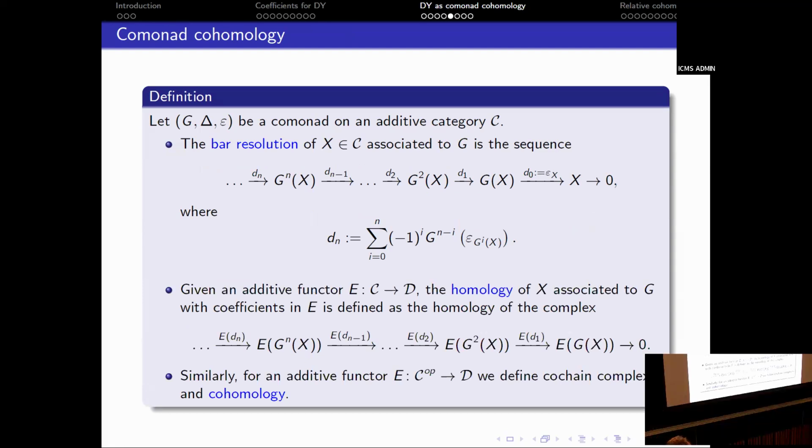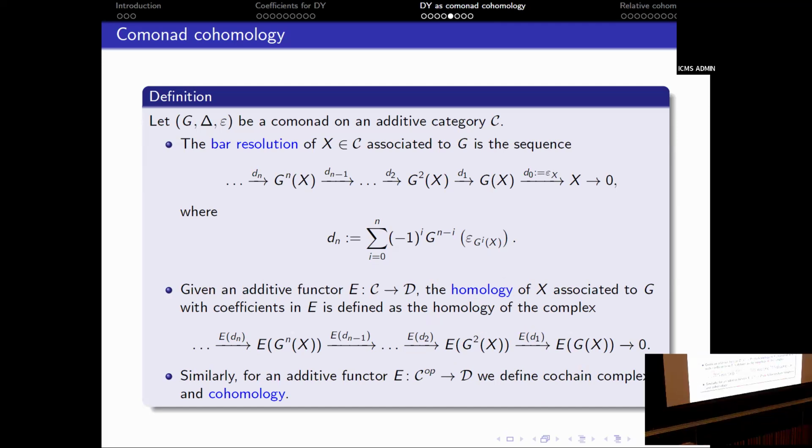This turns out to be G-projective. And then if you are given a functor from C to D, you can use it as a coefficient to define the homology of X, and cohomology similarly, by applying the functor to this complex and measuring the cohomology. And all this is in principle so easy and straightforward that if we were teaching advanced algebra, when we had the time, we could teach it.